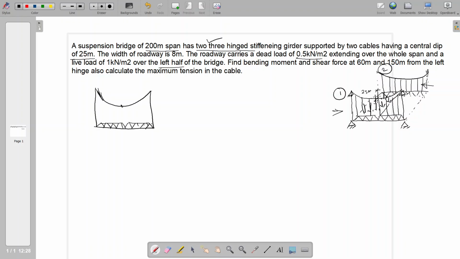There are two support reactions in this. One is at the girder level, another one is at the cable level. So we will have both the vertical reactions and the horizontal reactions at both locations. I am naming VA dash as the vertical reaction at girder level and VB dash at support B, and H is the horizontal thrust.